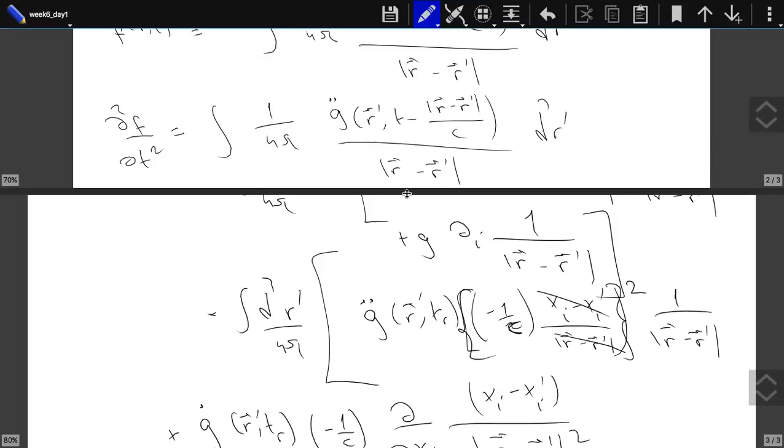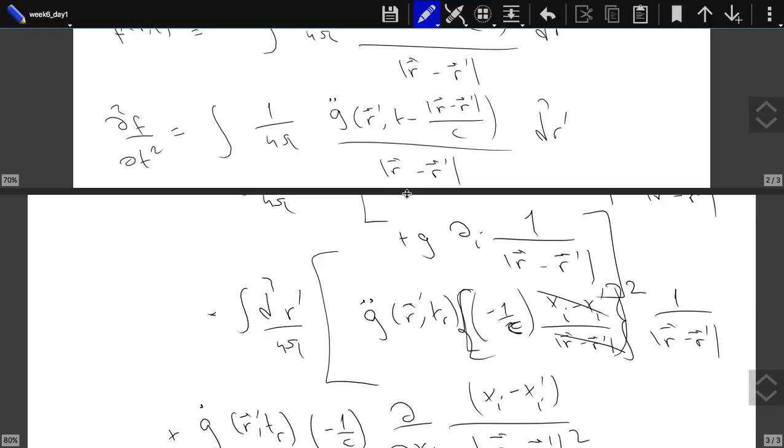At the top part of the screen. Now let's look here. Do you see how I make this cancellation when I take the squares? xi minus xi prime, the component squared, when I sum over the components, it just gives me r minus r prime squared. So the square of this one is equal to the square of this one, so they cancel each other. I have 1. Here I have 1 over c squared, which I can just take out.